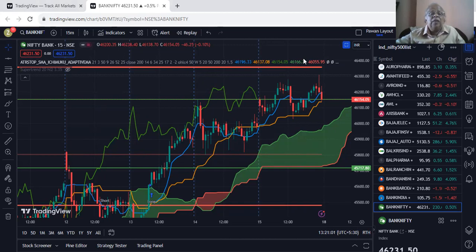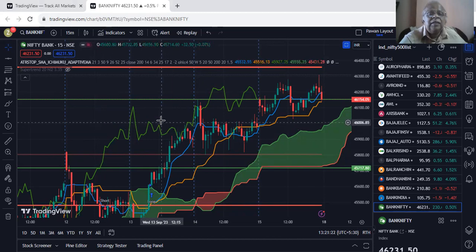So one should exit the trade at this level. I will not suggest that one should be in the trade, because there is a moderate gap seen between Tenkan-sen and Kijun-sen.